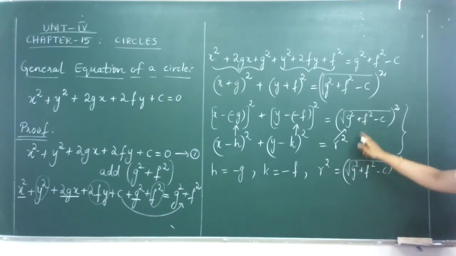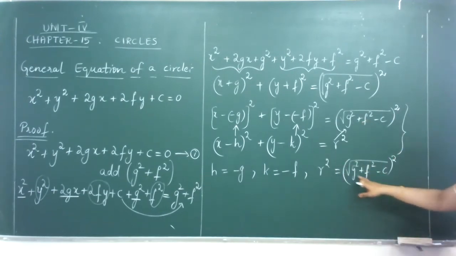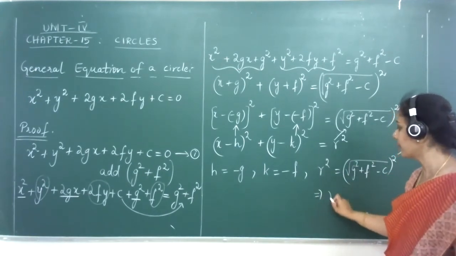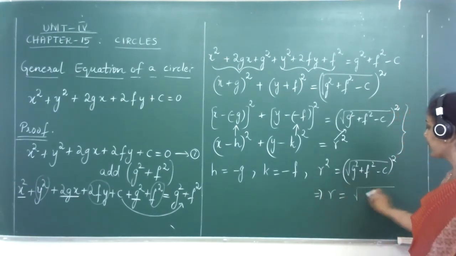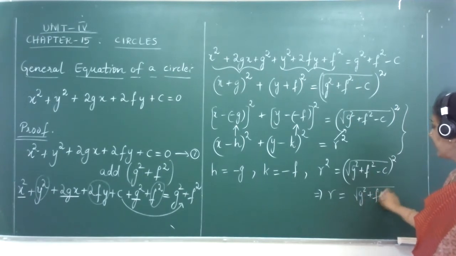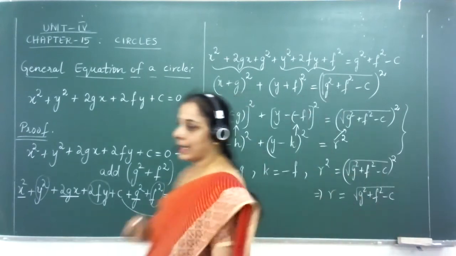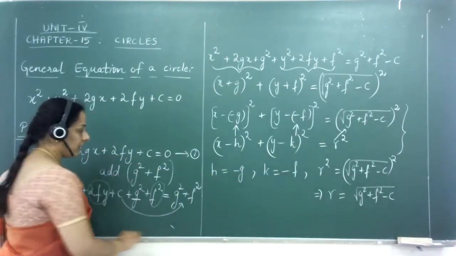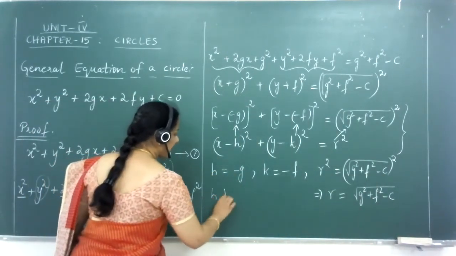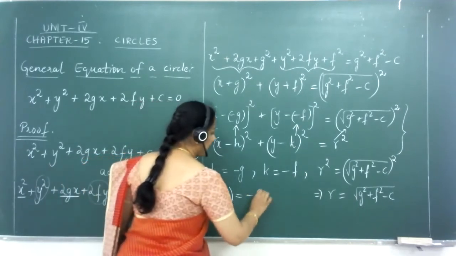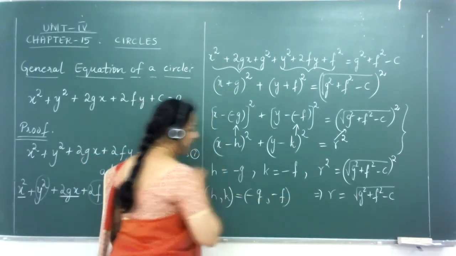You are considering both the RHS here. r squared is equal to root g squared plus f squared minus c the whole squared would imply that r is equal to square root of g squared plus f squared minus c. And h comma k, when you pair them as coordinates, gives us the center of the circle as minus g comma minus f.